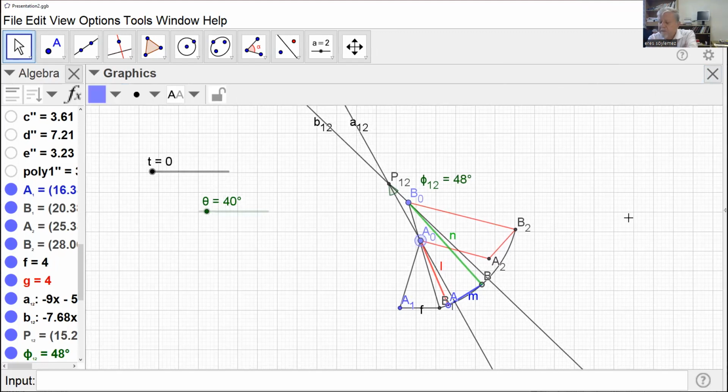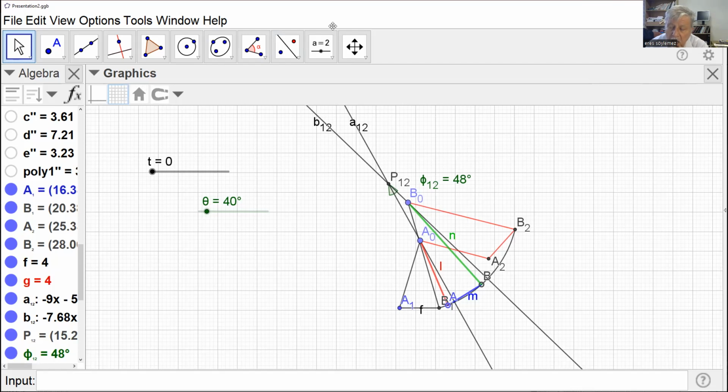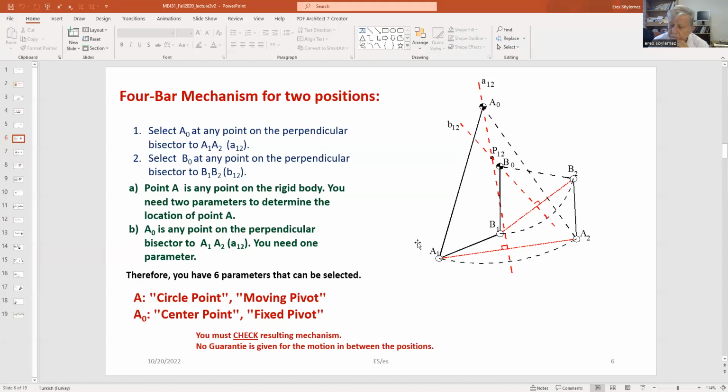Let us look at the number of parameters we have. I can select A, B in infinitely many ways. A, B is any 2 points on the moving body.